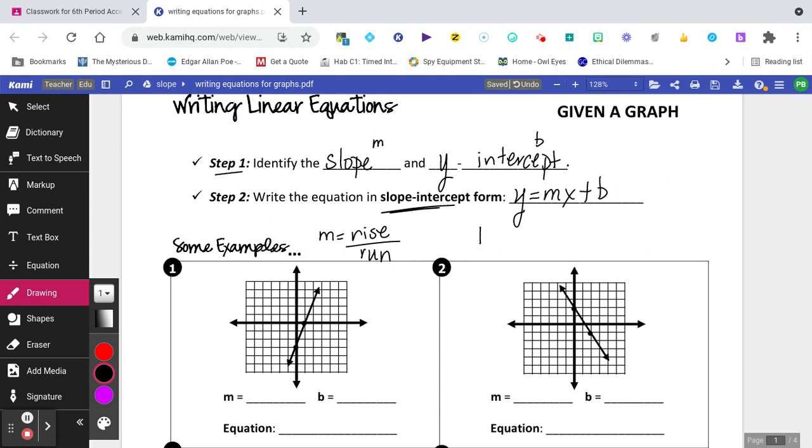To identify b, all you do is tell me where the line touches or crosses the y-axis. Basically, there's no work on this. I'm just being honest, it's none.